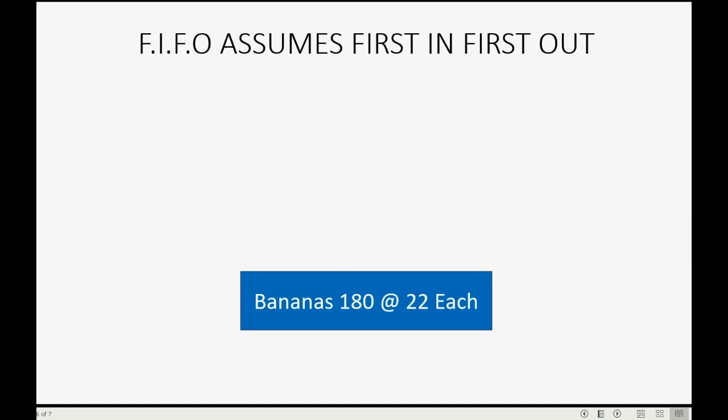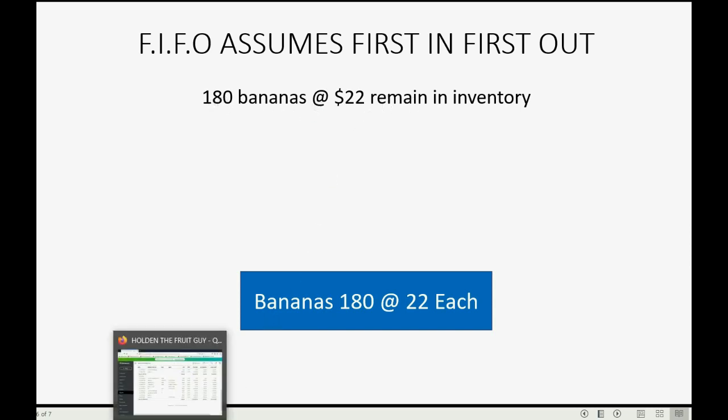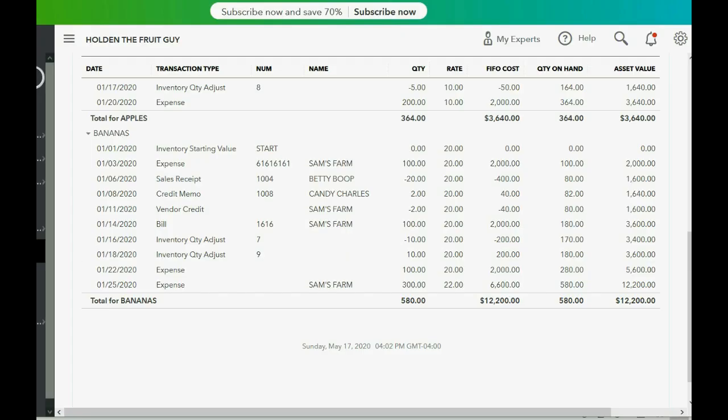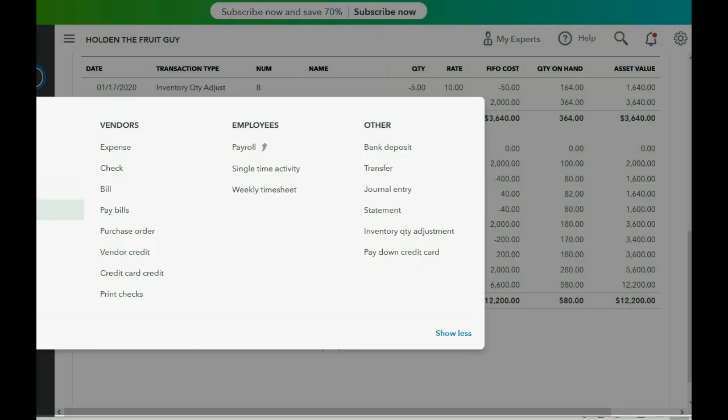That's what will be left in inventory after the sale, because we had 300 of those $22 bananas, but we had to give up 120 of them as part of the sale with the other 280. So let's take a look. What's left will be 180 at $22. Let's take a look at what happens when we make that sale. So that was, click New and go to Sale Receipt.